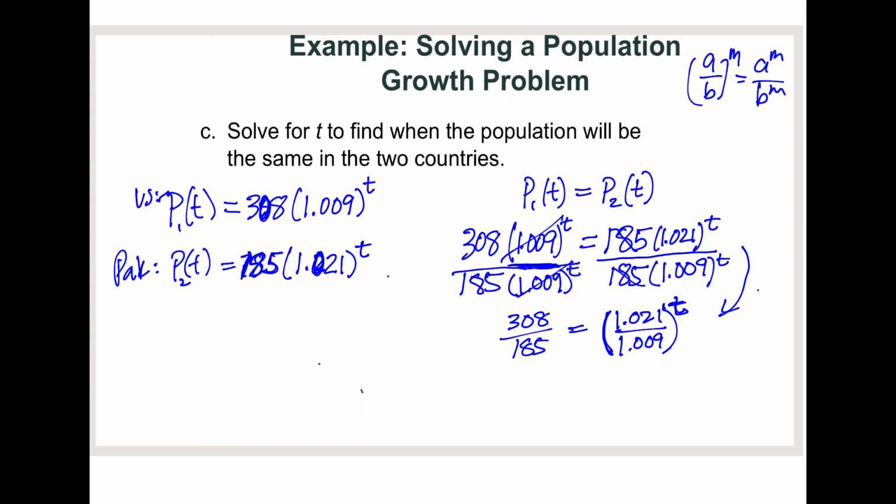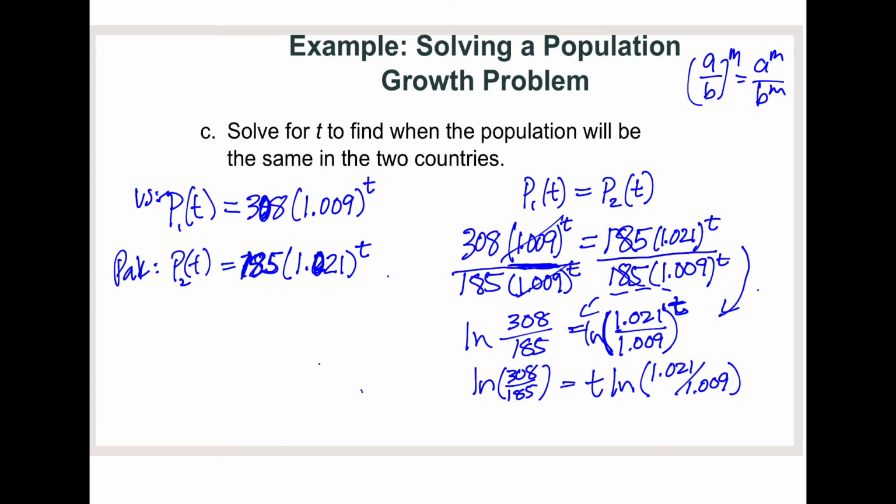Now finally, I can get the t out of the exponent by taking the ln of both sides and then moving the t out front. So that leaves me with t times the ln of 1.021 over 1.009, and then we have the ln over here of 308 over 185.